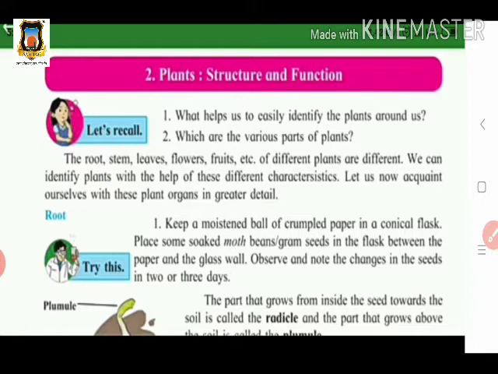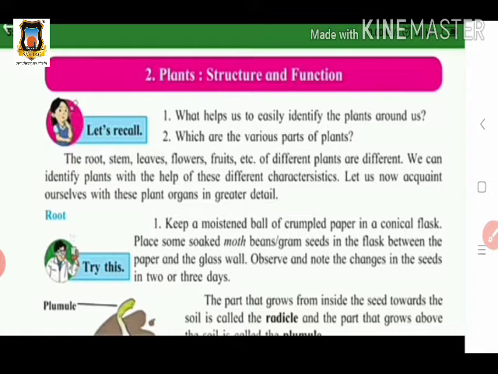Okay, and these are different for different plants. It means that if we see the various types of roots, stems, leaves, flowers and fruits, they are seen for each and every plant. Each and every plant differs from one another by these parts, so we can identify the plants with the help of these different characteristics.